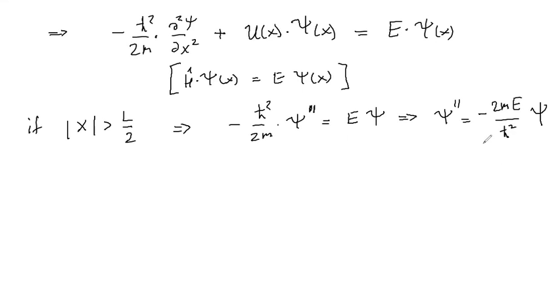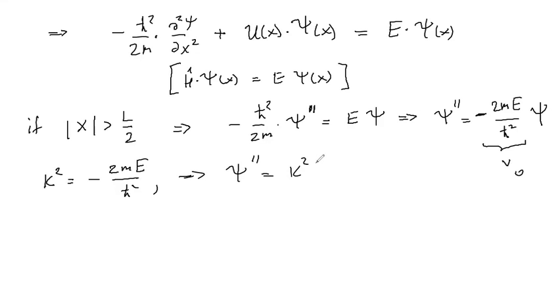Then this coefficient is positive: you have a negative sign and you have negative energy. So it would be convenient to call this k squared, something positive. If I make such a notation, then the second derivative of psi would be equal to k squared psi.